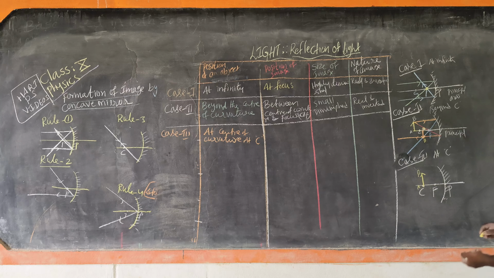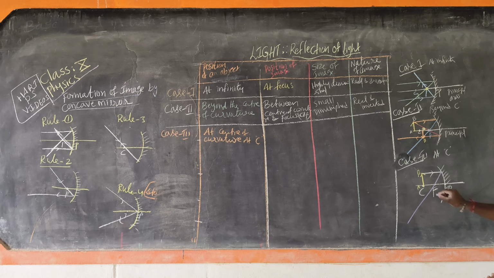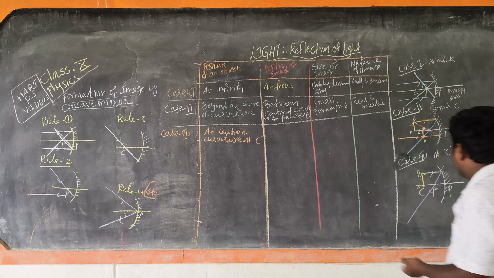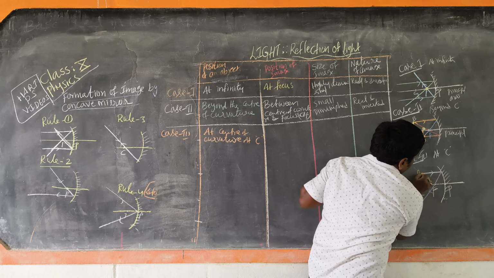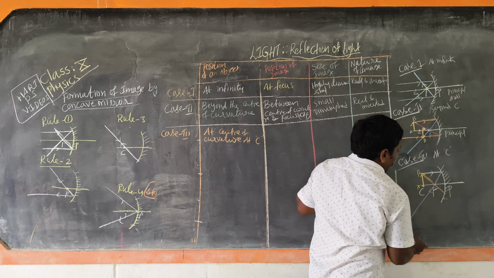Object AB. As usual, take a ray parallel to the principal axis as the incident ray. After that, what will happen? It passes through focus, we know very well. Then let us take one more light ray. As usual, the second one passes through focus. If the light ray passes through focus, what will happen?